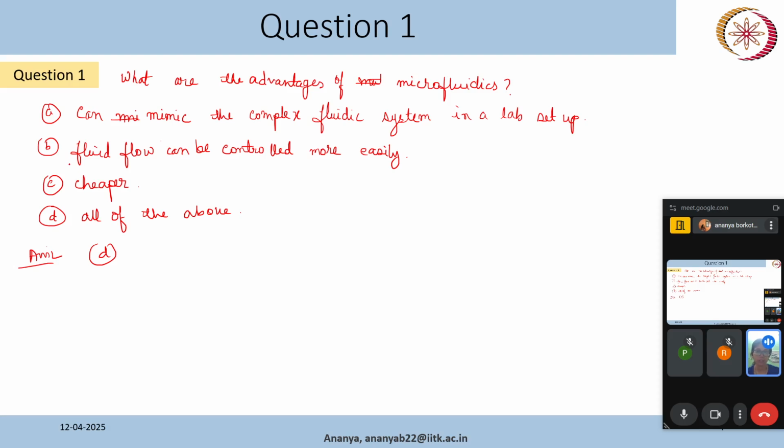So these are some advantages of microfluidics, and they are very useful for biological analysis, so that we don't have to do the real experiments on a human, a patient, or an animal, which is very cruel.